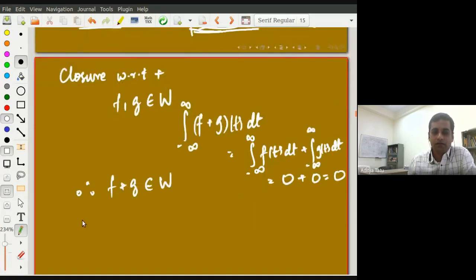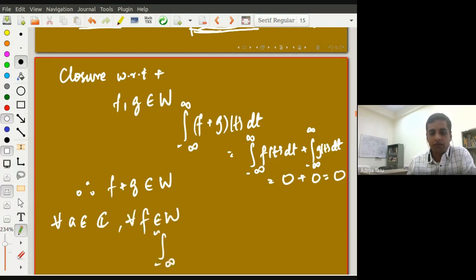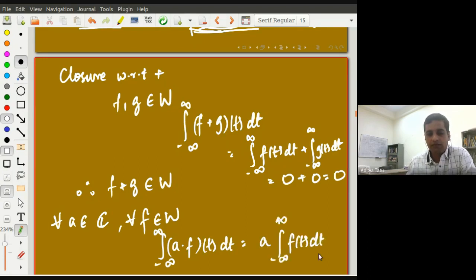Then scalar multiplication closure. What is the average value of a times f? By definition, this is a times the integral of f(t) dt, which of course is 0.